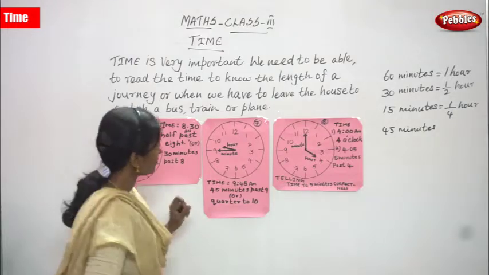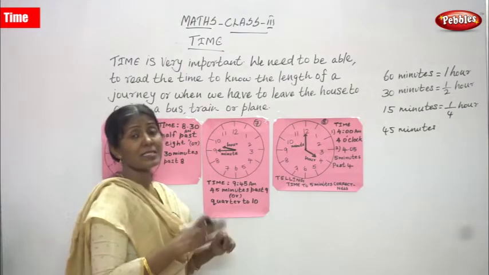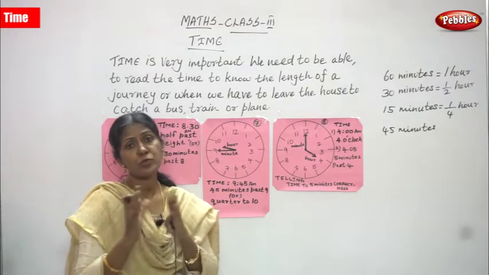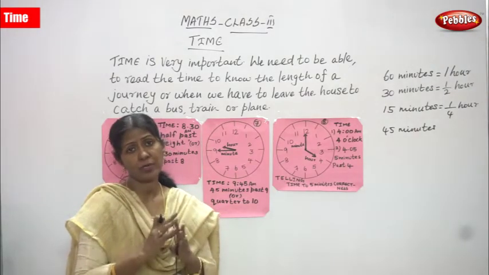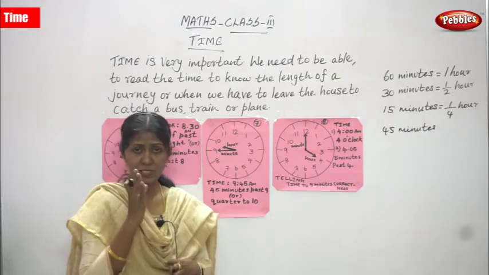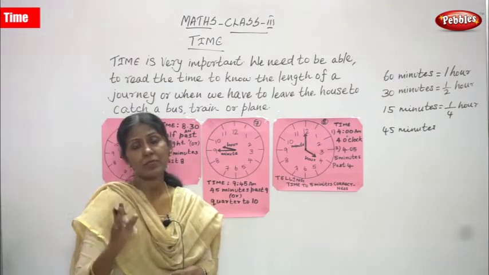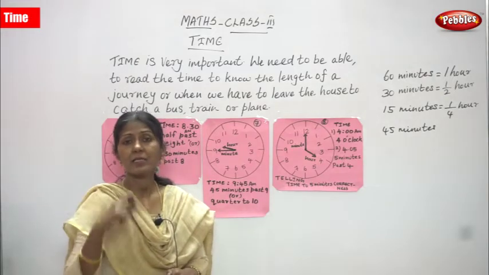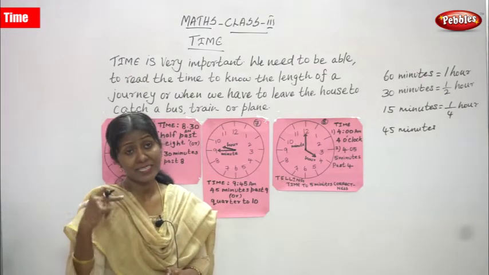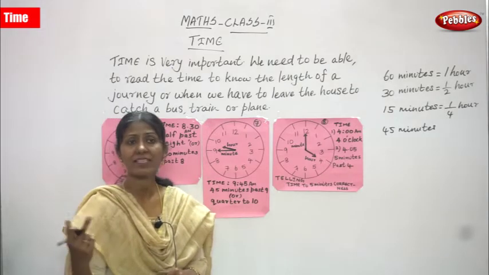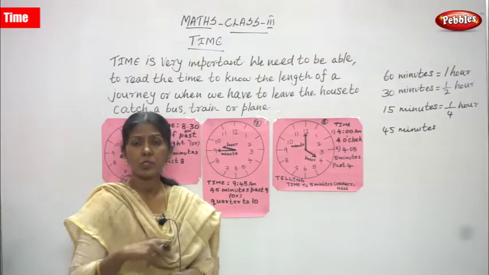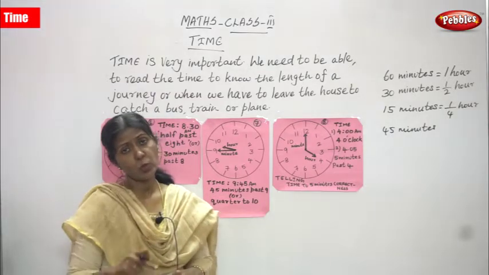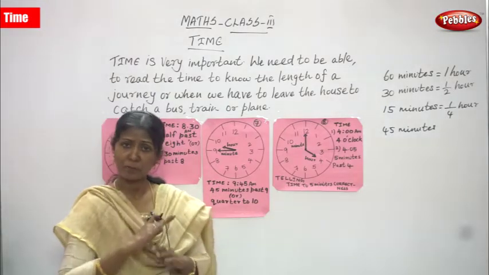Exactly 12 o'clock, you should not write 12 p.m.; you just say 12 o'clock. After that, even in the night time, another day starts. One more day is over, 24 hours are over.